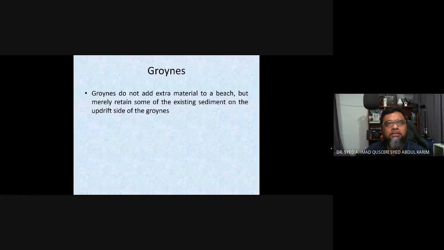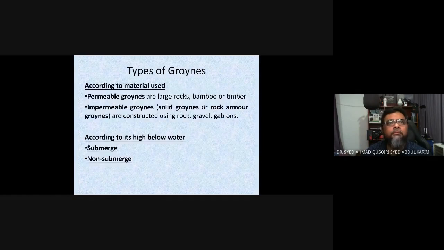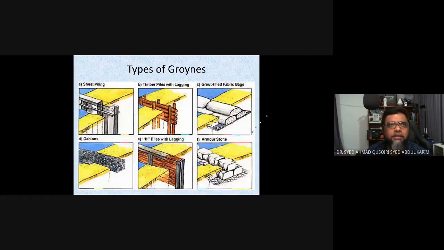Okay, groins do not add extra meter to the beach, but mainly retain some of the existing sediment. So some of the material, rocks, bamboo, timber, solid or rock armor. Submerged or non-submerged. So these are some of the materials that can be used.